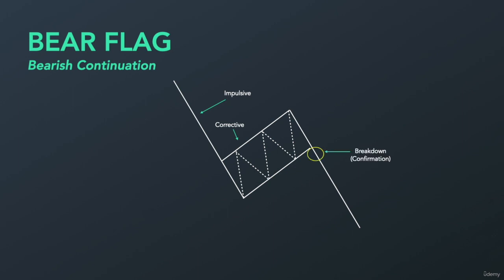After breaking down, our invalidation will be above the pattern, and our first target is at recent support. Then our second target is a measured move.